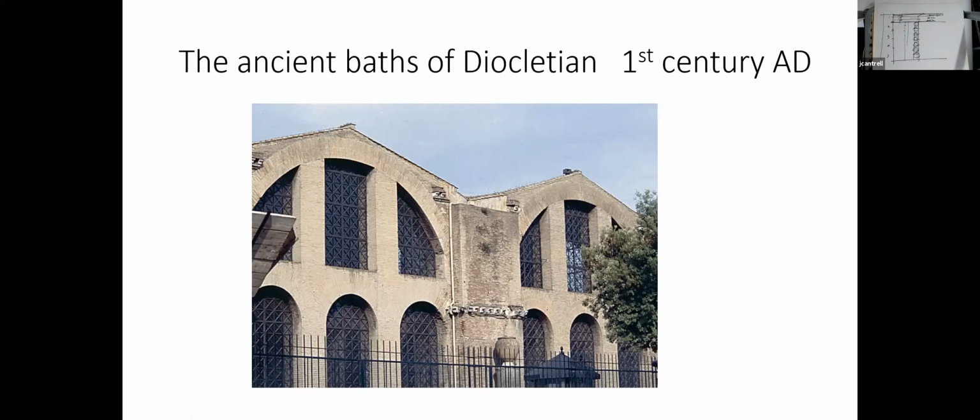You can see that the structural arches are subdivided into 3, in a tripartite scheme, the 3 bays. These are large windows, probably filled with mica or maybe some primitive form of glass. But this is an important theme that recurs in classical and neoclassical architecture.